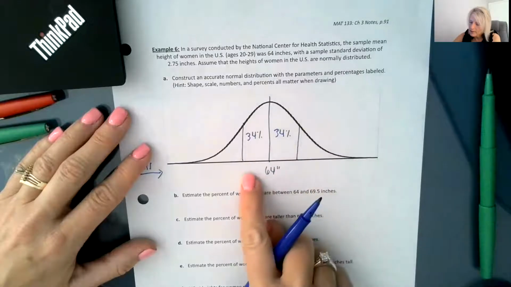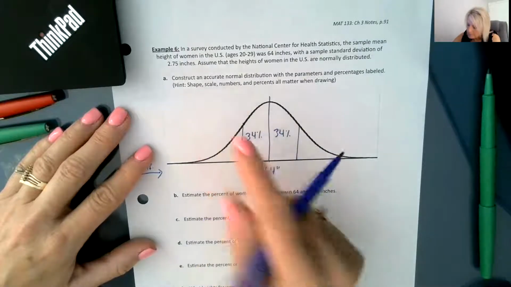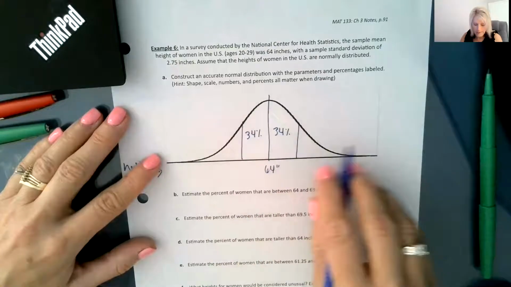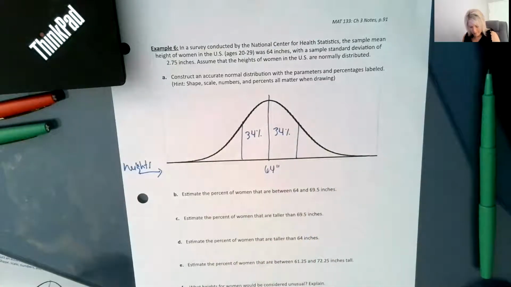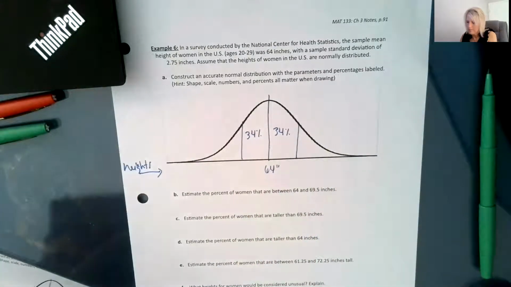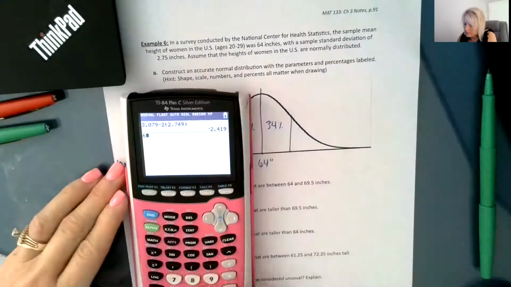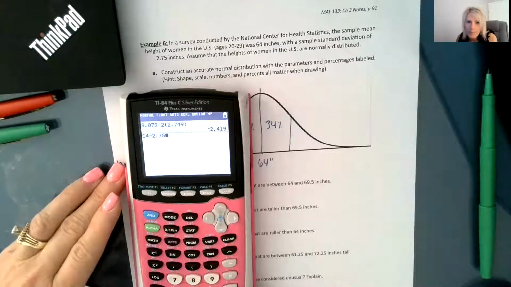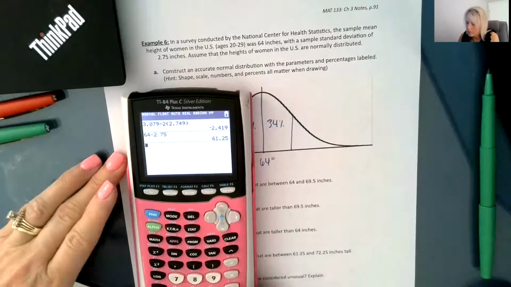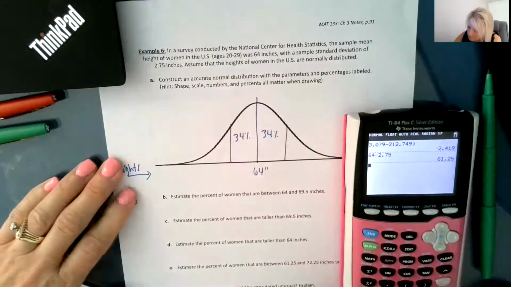And that's found by taking 64 minus 2.75. 64 minus 2.75, and we get 61.25.